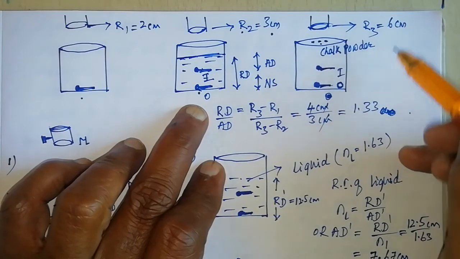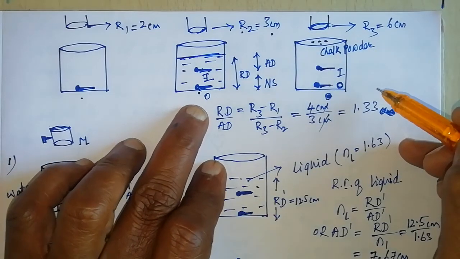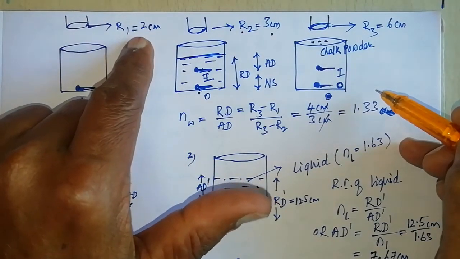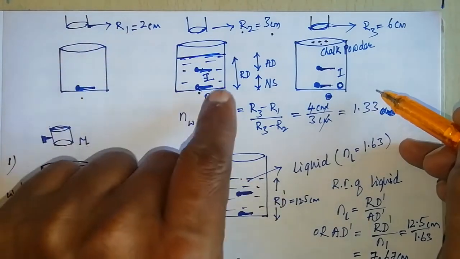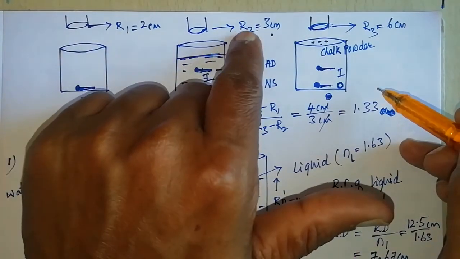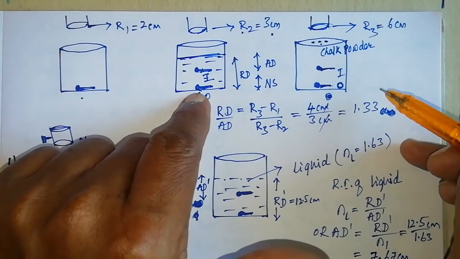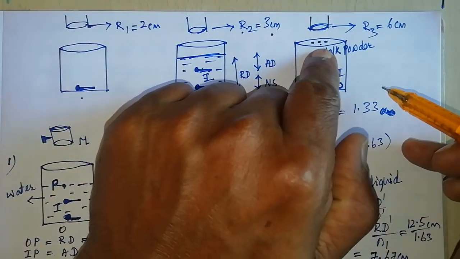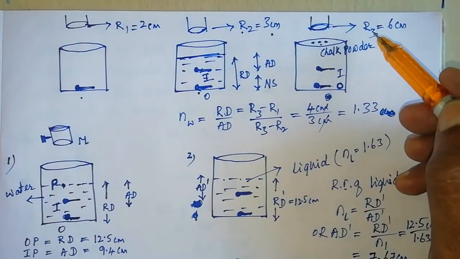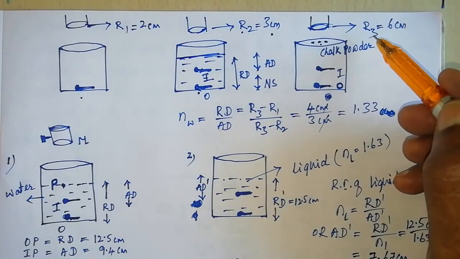Let this R3 be 6 centimeter. So without water, R1; with water, R2 when the needle is focused. When the chalk powder is focused with the traveling microscope, we take the reading R3.